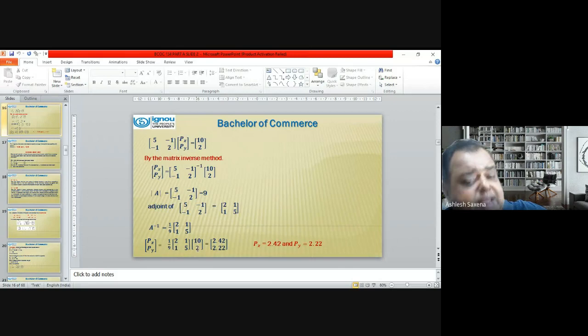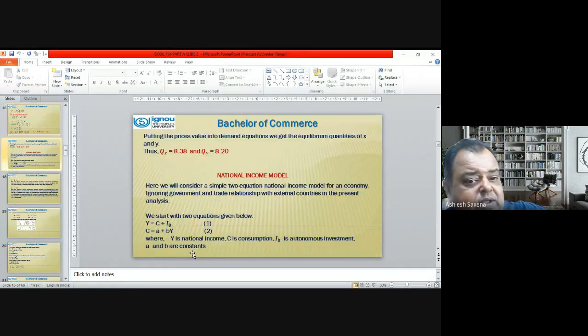So that means 10 plus 10 is 20. 20 divided by 9 is 2.22. So that means we can say that Px is 2.42 and Py is 2.2. Similarly, by putting up the values, we can find out Qx as 8.38 and Qy as 8.2.